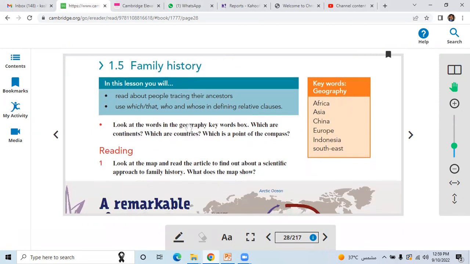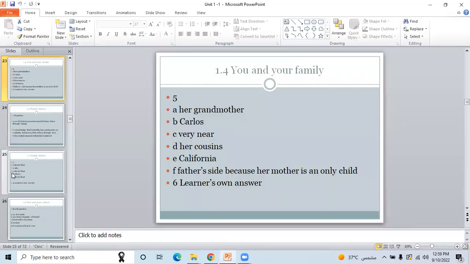Look at the words in the geography keyword box, and which are continents, which are countries, which is the point of compass. Here you can see the keywords in the geography box: Africa, Asia, China, Europe, Indonesia, and Southeast Asia.